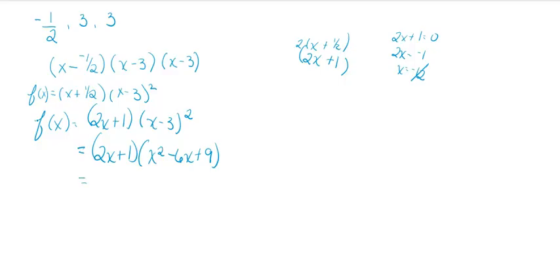And then I'm going to distribute my 2x plus 1 to everything. So when I do that, my top one is going to be 2x to the third power, because I'm distributing 2x to all the terms first. Okay, so 2x to the third power minus 12x squared plus 18x.